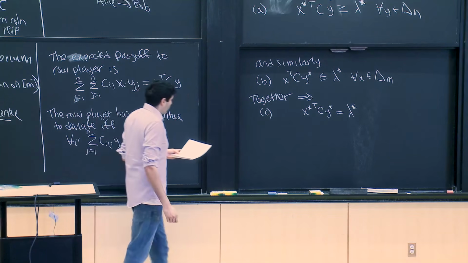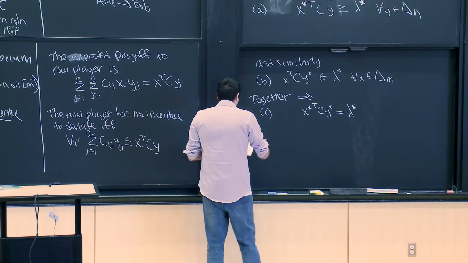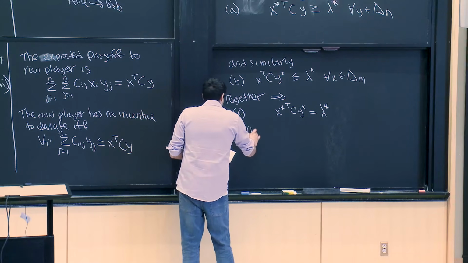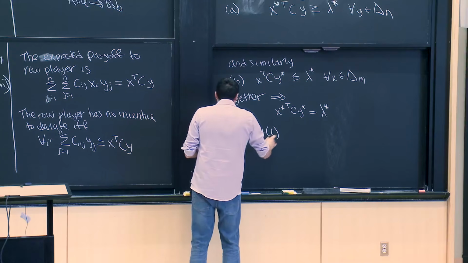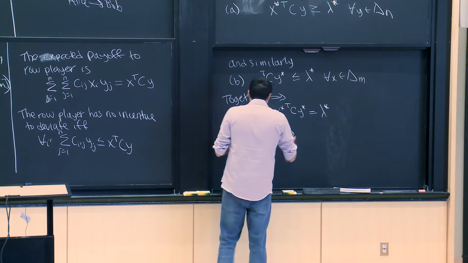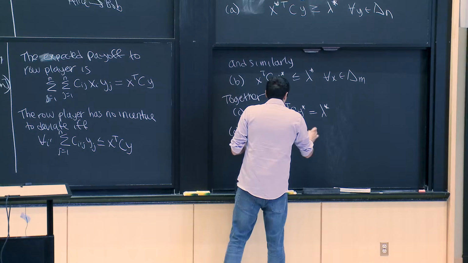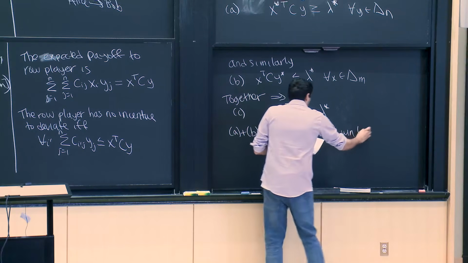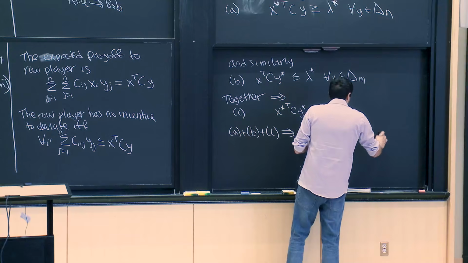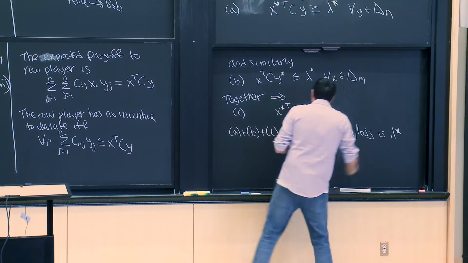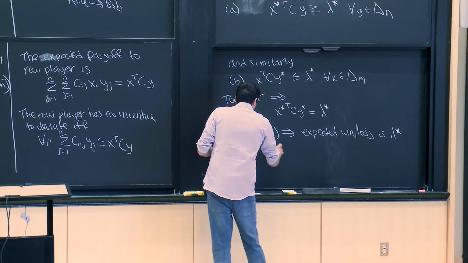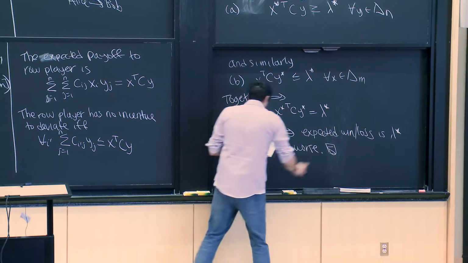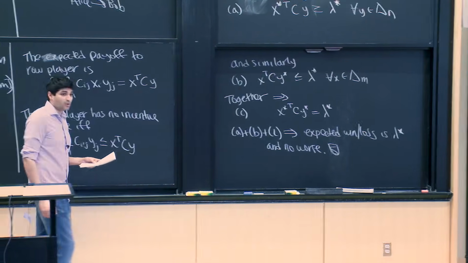And so what this means when we put it all together is that A plus B plus C mean that the expected win-loss is lambda star and no worse. So no one can actually do better.